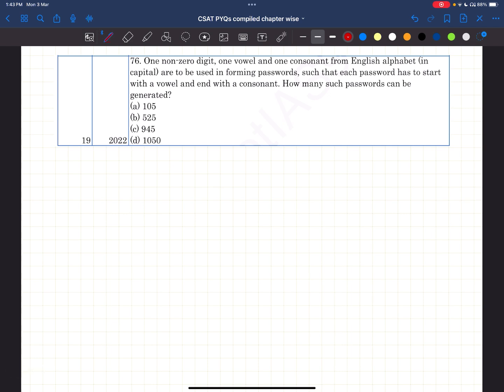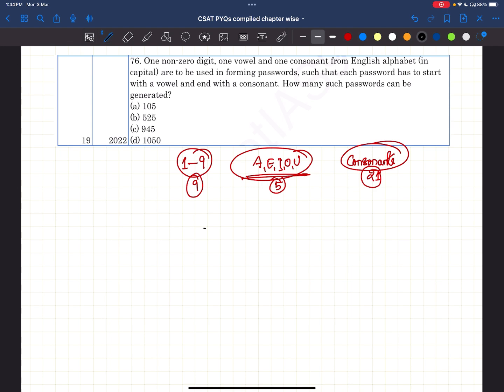One non-zero digit, one vowel, and one consonant from the English alphabet are to be used in forming passwords such that each password has to start with a vowel and end with a consonant. How many such passwords can be generated? A 3-digit password is formed.